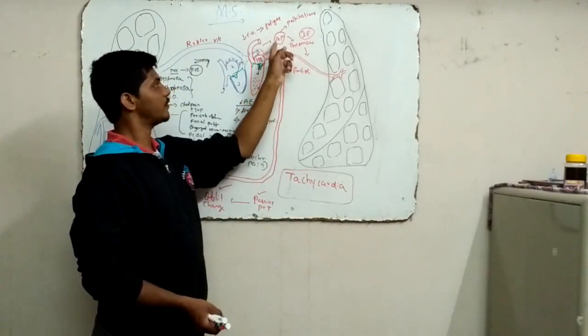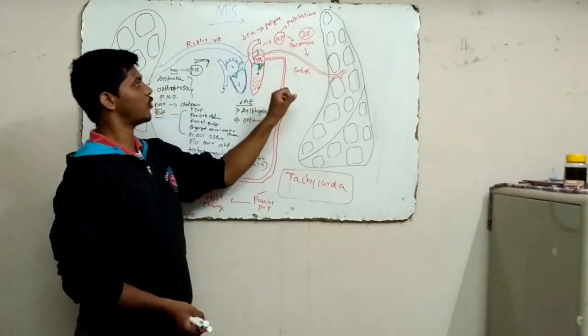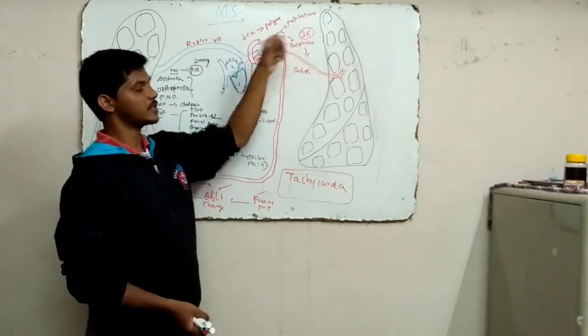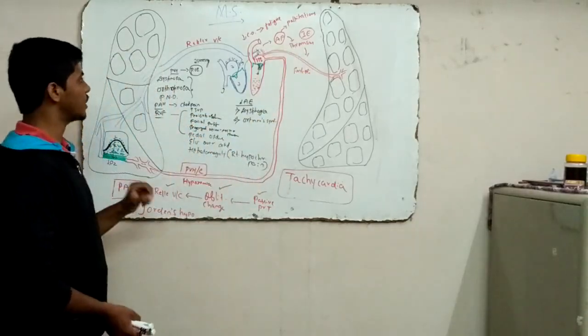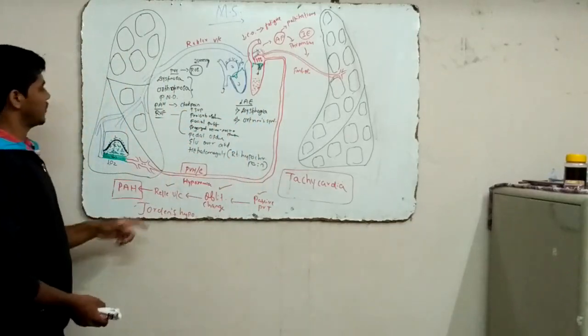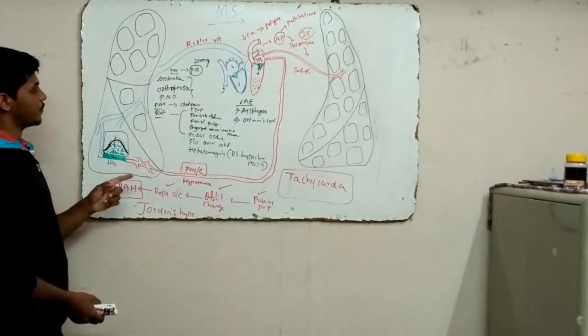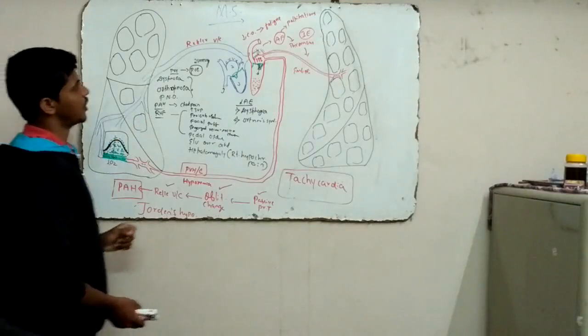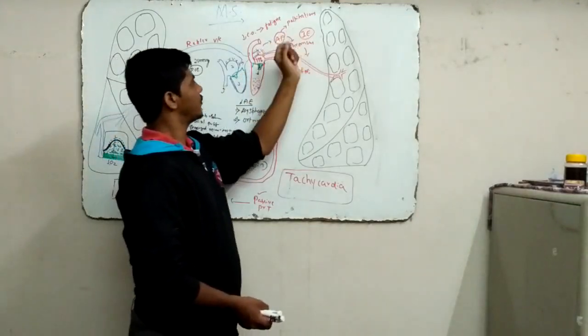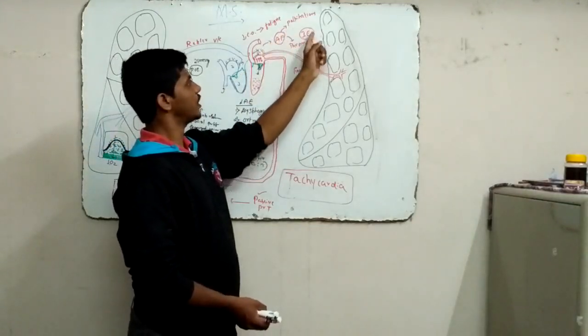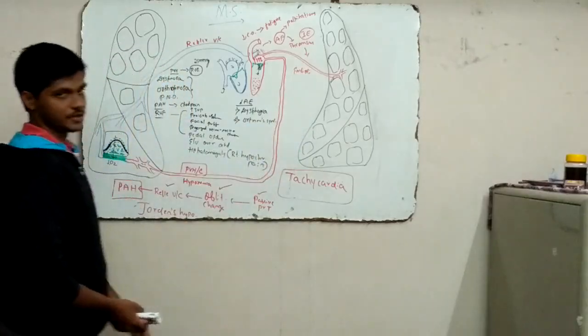And this atrial fibrillation will lead to thrombus formation, thrombus into emboli formation, and there may be chances of infective endocarditis. So the complications of mitral stenosis are pulmonary arterial hypertension, right ventricular failure, atrial fibrillation, thrombus formation, infective endocarditis, and embolization.